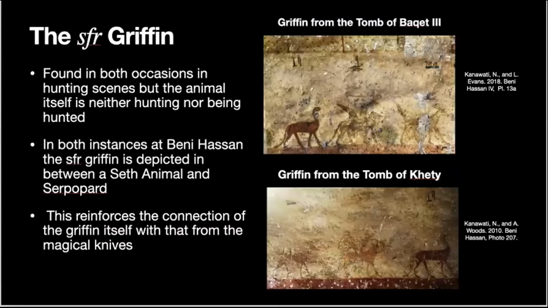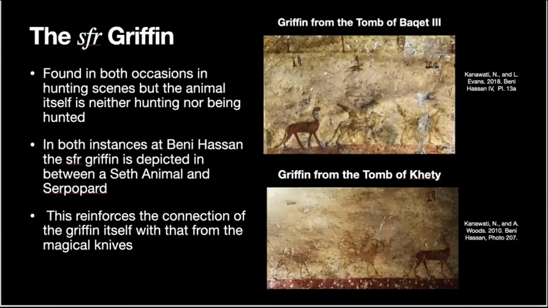So like many scholars before me, the reason I highlight these knives is because the figures on them can be connected to the griffins at Beni Hassan. Here we see two scenes from the tombs of Baqet III and Keti, which both place the griffin between the figures of the Seth animal and serpopard, which are also found on these knives. These griffins are both given the name Sefer, for which the etymology is not 100% certain, though Morenz and Schorch have connected it to the word sfr, meaning to be warm or to be hot, which is based on a passage from the Coffin Texts in which the term sfr is used with a four-legged animal determinative.